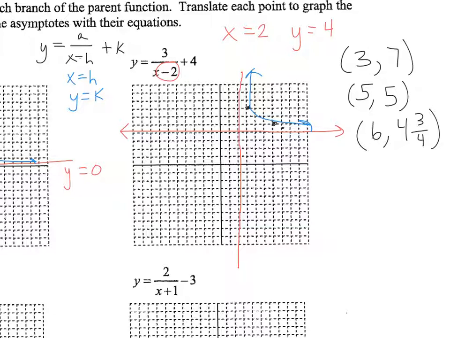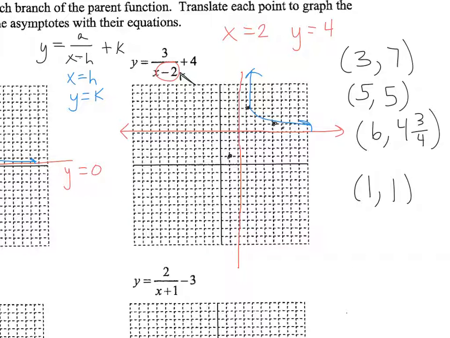Now I'm going to want to graph 3 more points over here. So I'm going to plug in 1. If I plug in 1, 1 minus 2 is -1. 3 divided by -1 is -3, plus 4 is 1. So 1, 1 is an ordered pair.